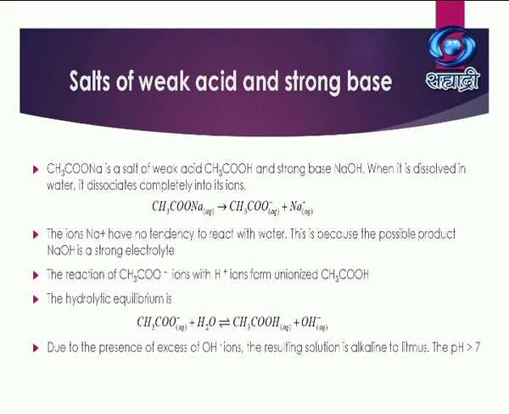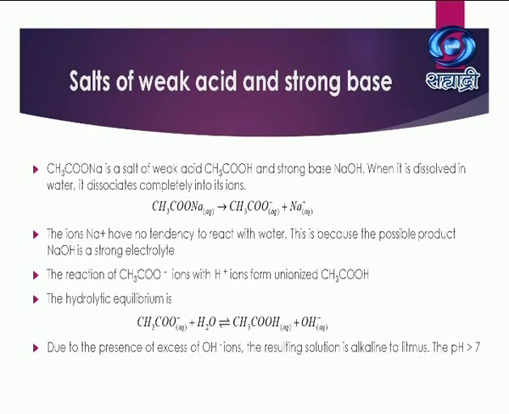And so I can write the hydrolytic equilibrium as acetate ions plus H2O reversibly gives CH3COOH aqueous plus OH- aqueous. Now what happens in this case? H+ ions are removed, equality is again disturbed, and in the hydrolytic equilibrium we will find excess of OH- ions. So the resulting solution is alkaline to litmus, pH is greater than 7.